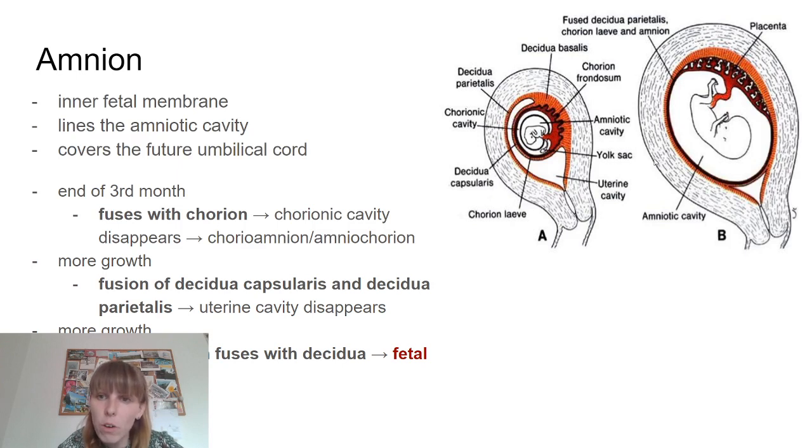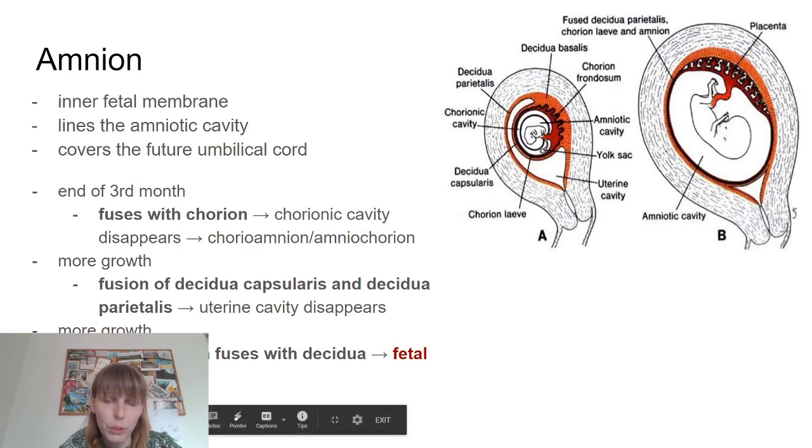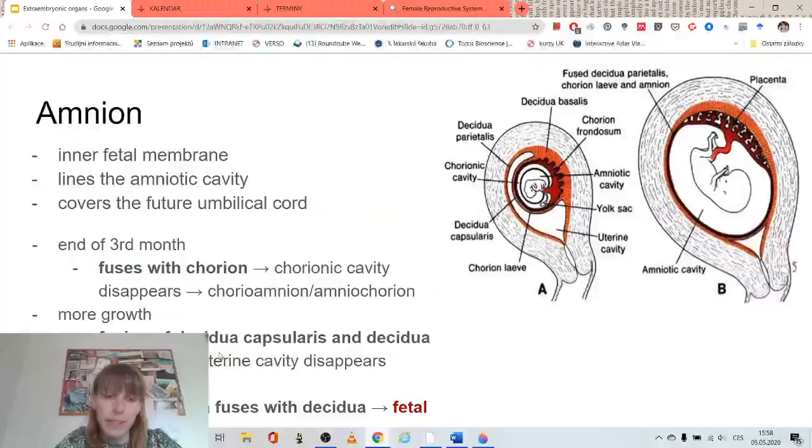But when all of this results in a huge embryo inside a very big amniotic cavity, no cavity of the uterus almost, it will all fuse, all of these layers, and it will be the fetal membrane. And it's fused, decidua parietalis and decidua capsularis and chorion leve and amnion. And we will take a look at this as well. So we will have the opportunity to see all of these layers.